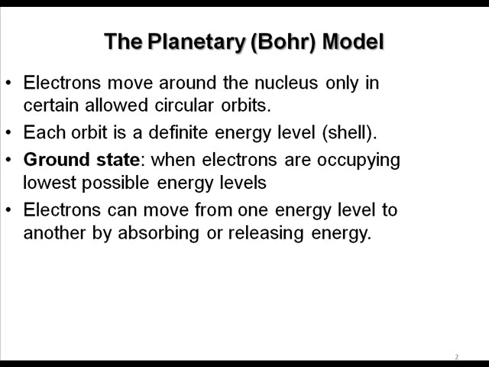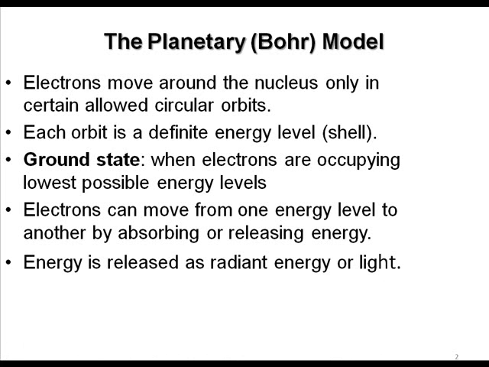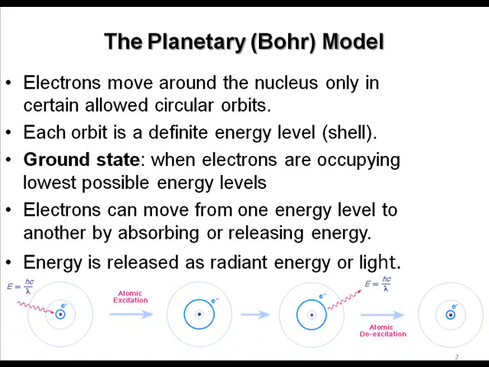And what could happen is electrons could jump from one shell or one energy level to another if in fact energy was provided, such as electricity or heat. And when they did this, they entered an excited state because they had more energy, and when the electrons fell back to their ground state, light or radiant energy got released.